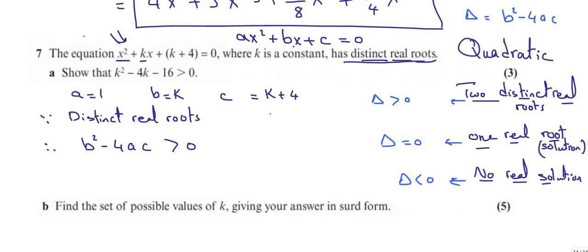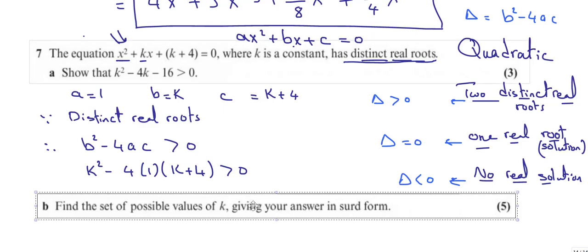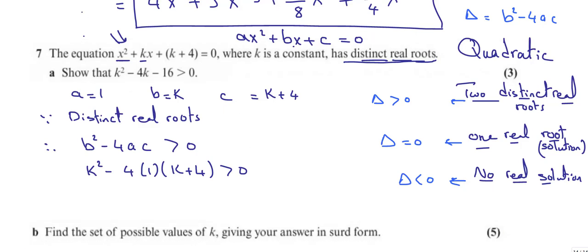Okay? So we have the rule. Substitute now. B is k. A is 1. C is k plus 4. Greater than 0. Okay? I need more space. So simplify. طبعا we want to show that k squared minus 4k minus 16 is greater than 0. Just simplify. It's very simple.